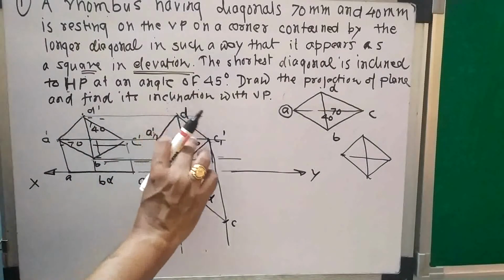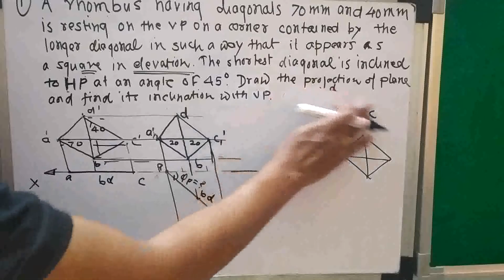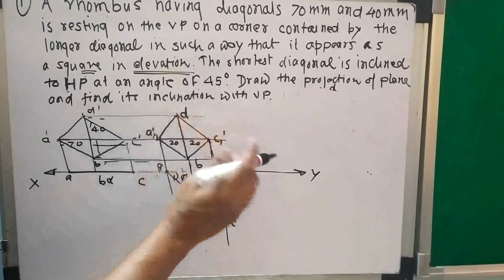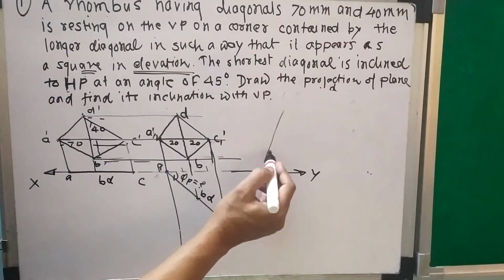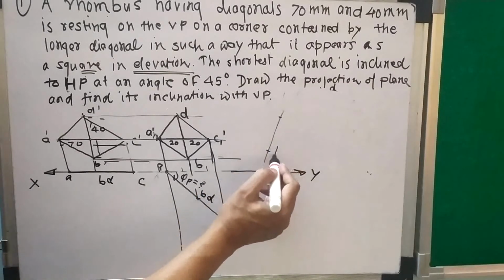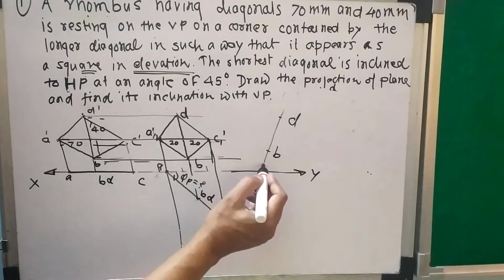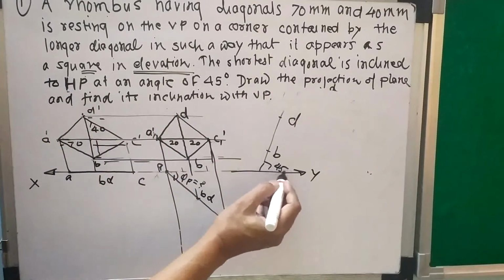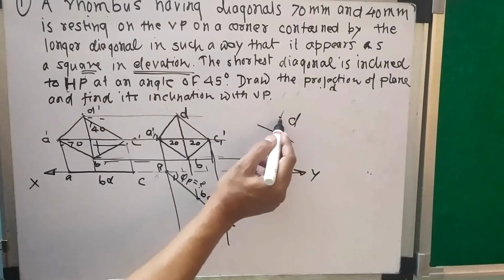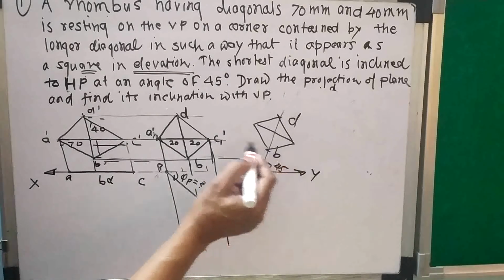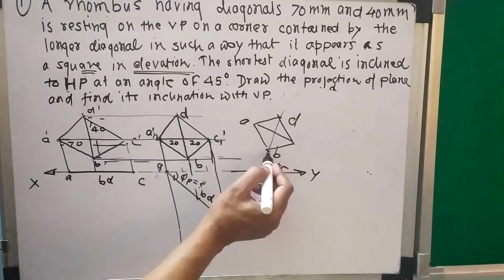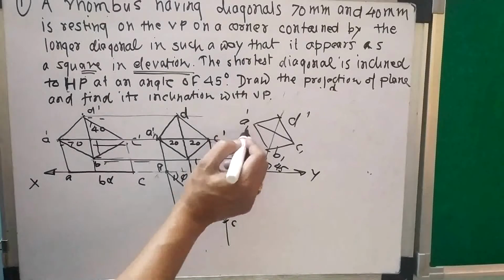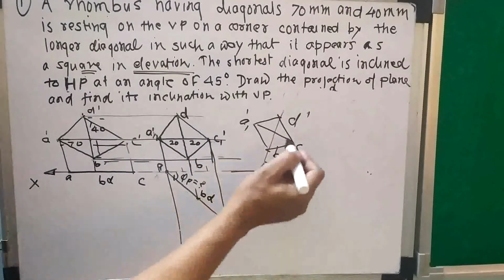Now in the reconstruction method, generally we take this BD here at an angle of 45 degree, inclined to HP. Then I will reconstruct this, and make A dash, B dash, C1 dash and D1 dash, A1 dash, B1. I will construct this and then I will project it.